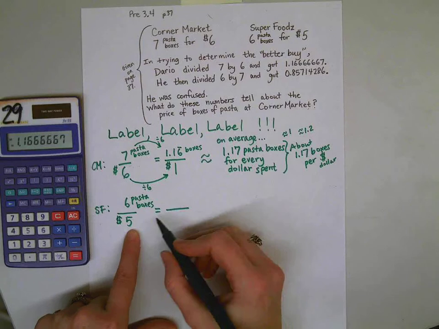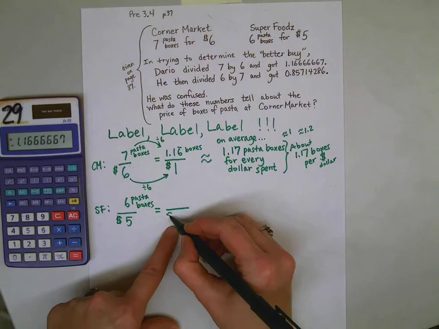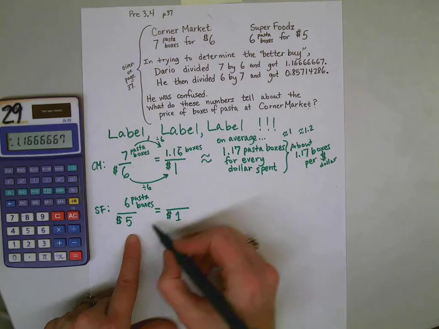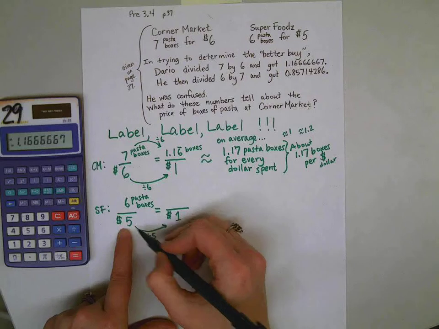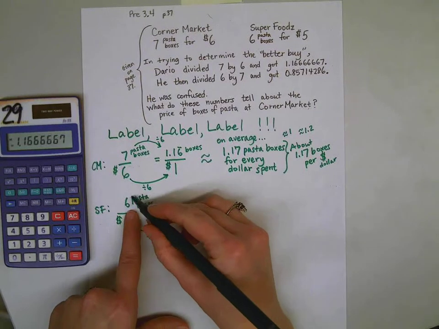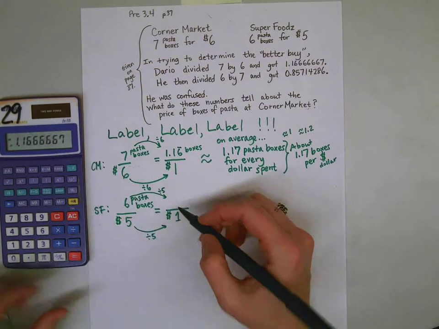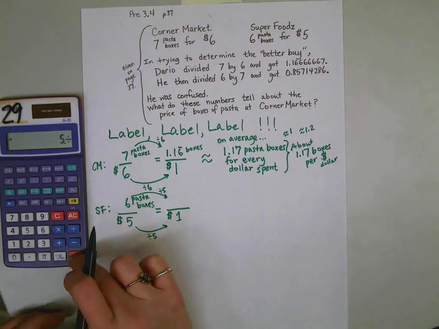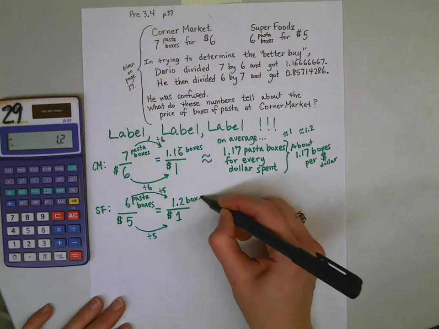And again, we're wanting to compare how many boxes we get for every dollar we spend. So if we divide 5 by 5, we get 1. We divide 6 by the 5 also, and we get 1.2 boxes.